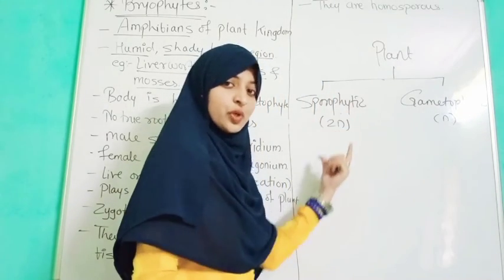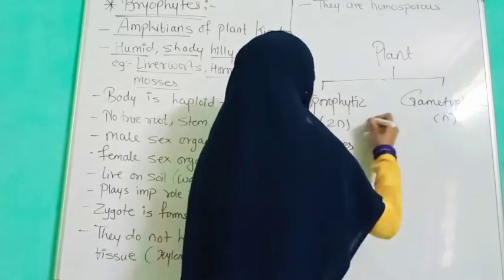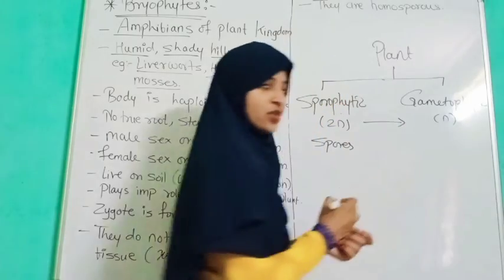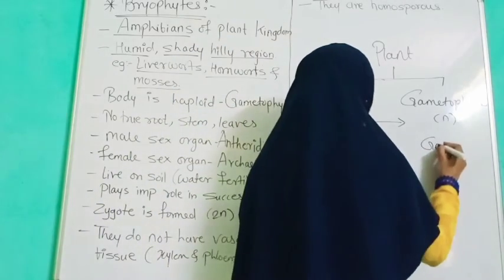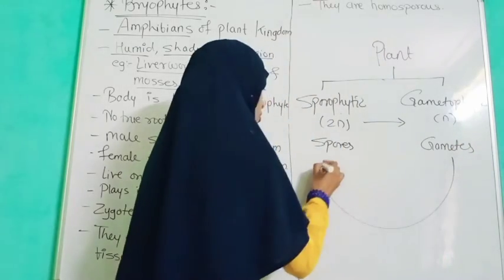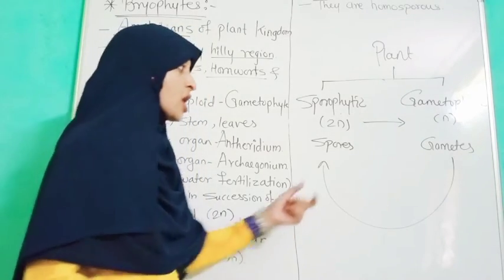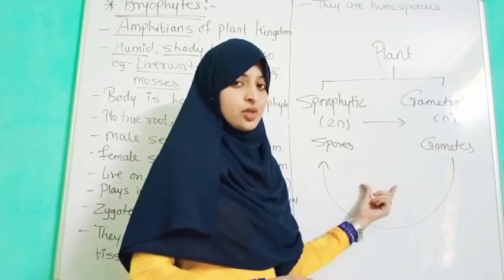Spores undergo meiosis to form the gametophytic life stage, and from the gametophytic life stage gametes are formed. From gametes new spores are formed, and new spores form a new sporophytic life stage. This life cycle shows us alternation of generation.